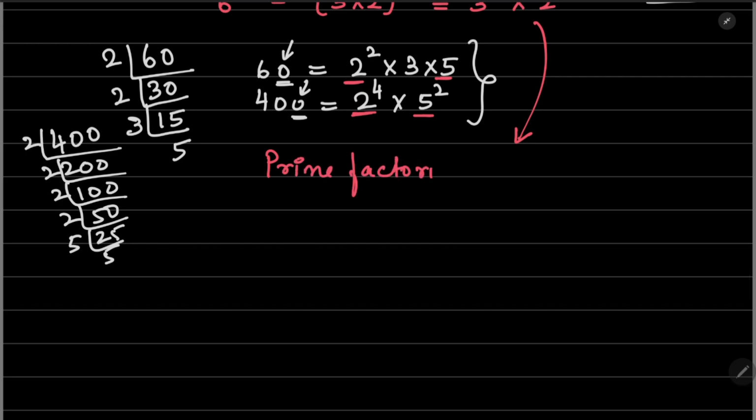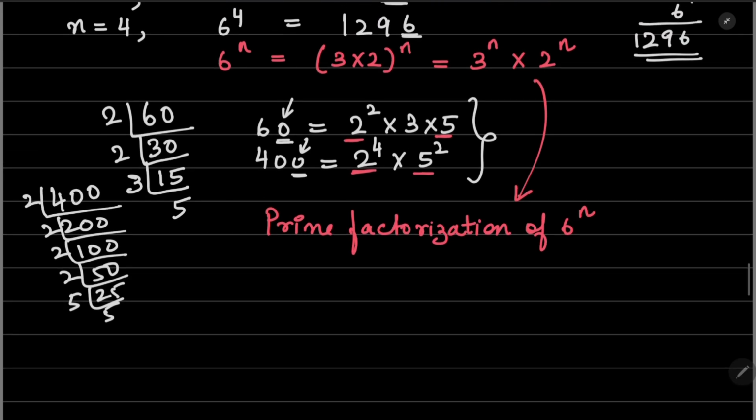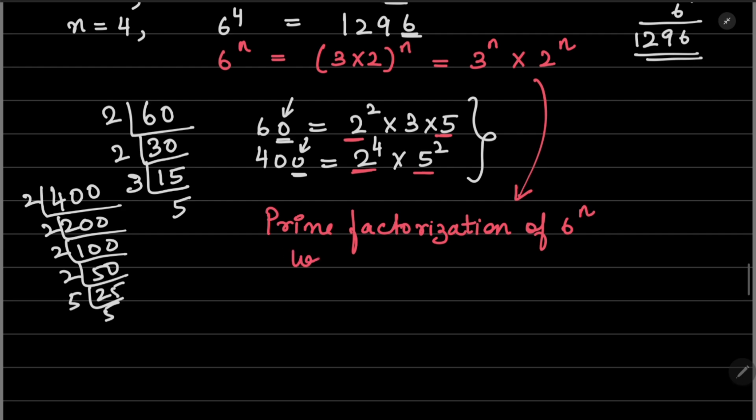So this is how you have to present your answers. The prime factorization of 6 raised to the power n will only contain 2 and 3 as its prime factors.